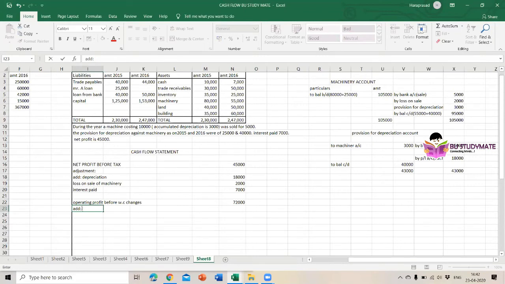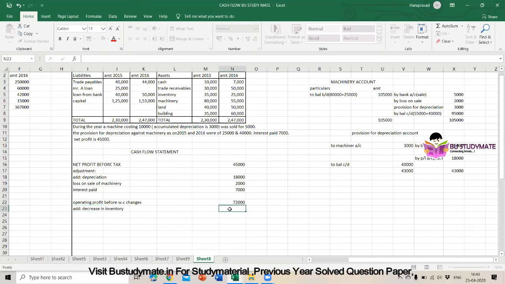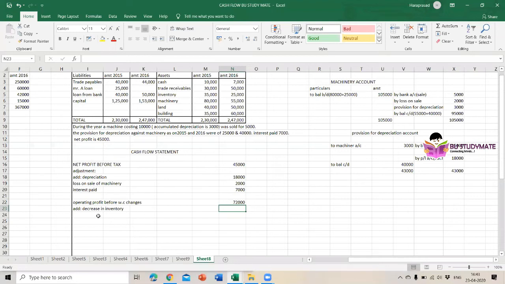Here in the current assets, the inventory is decreasing. How much is it decreasing? 35 minus 25, 10,000 it is decreasing. Then in the liabilities, trade payables, it is increasing, 40,000 and 44,000, so 4,000 it is increasing.